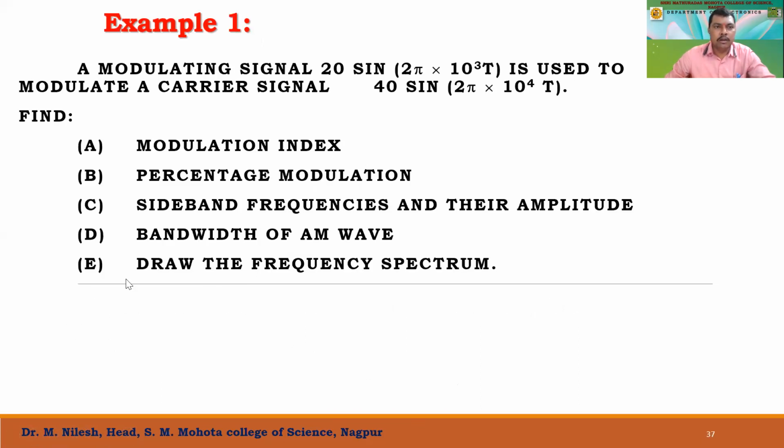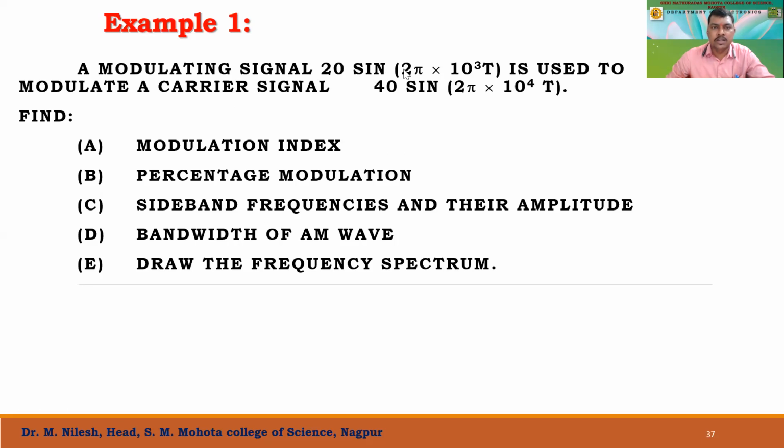So this was all about the amplitude modulated wave. This is an example which you can solve. Example means a numerical is given over there. A modulating signal having the equation 20 sin(2π × 10^3 t) is used to modulate a carrier signal.